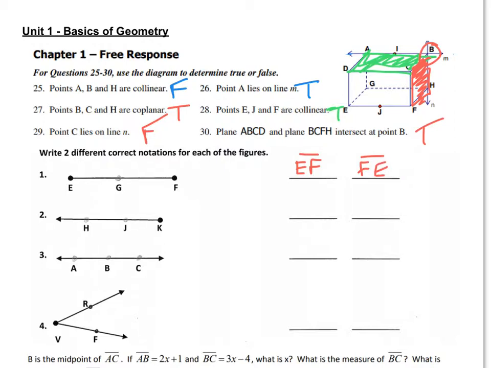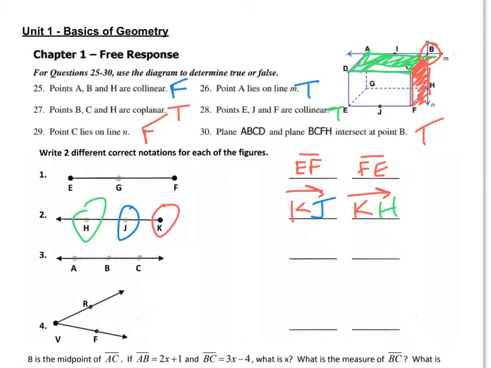The ray, you have to start with your endpoint. So my endpoint in both of these needs to be K. It needs to have an arrow going to the right, and then you choose either of these letters. So I could do J, or I could also do H, but it needs to start with K and needs to have the little arrow going across from it.